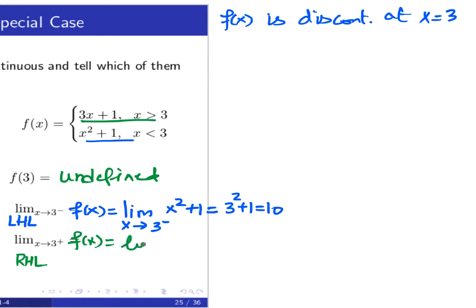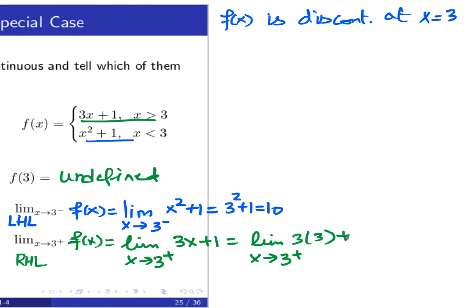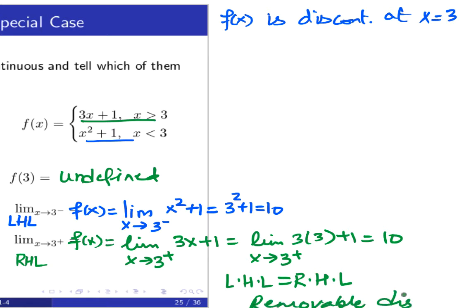That means this will be the limit as x approaches 3 positive of 3x plus 1, which, again a nice little equation, is 3 times 3 plus 1, which gives me 10. So clearly the left-hand limit is the same as the right-hand limit. That means we have a removable discontinuity, just from doing the analytical approach.